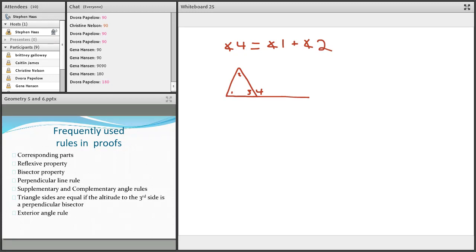Well, now if 3 plus 4 has to equal 180, and 1 plus 2 plus 3 has to equal 180, well, pull 3 out, which is obviously equal to itself. 1 and 2 combined have to equal 4. So the exterior angle rule, exactly. 1 plus 2 has to equal 4. That's the exterior angle rule. Okay. With that in mind, let us do some proofs.